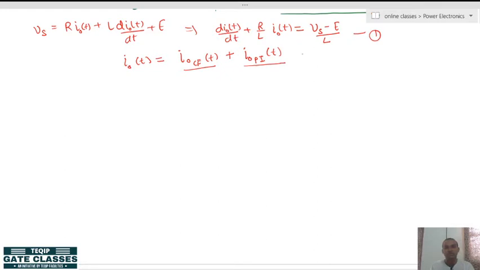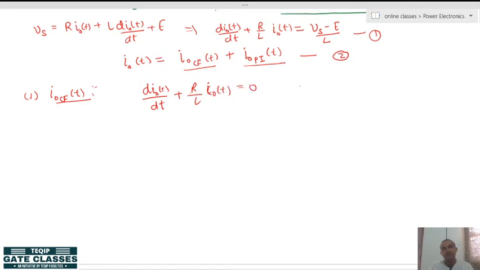We have to calculate both of these functions separately. Let's say this is equation number 2. First we calculate the CF value, I naught CF of t. For that we make the forcing function 0. Then the equation will be: d I naught(t) over dt plus R by L I naught(t) equal to 0.